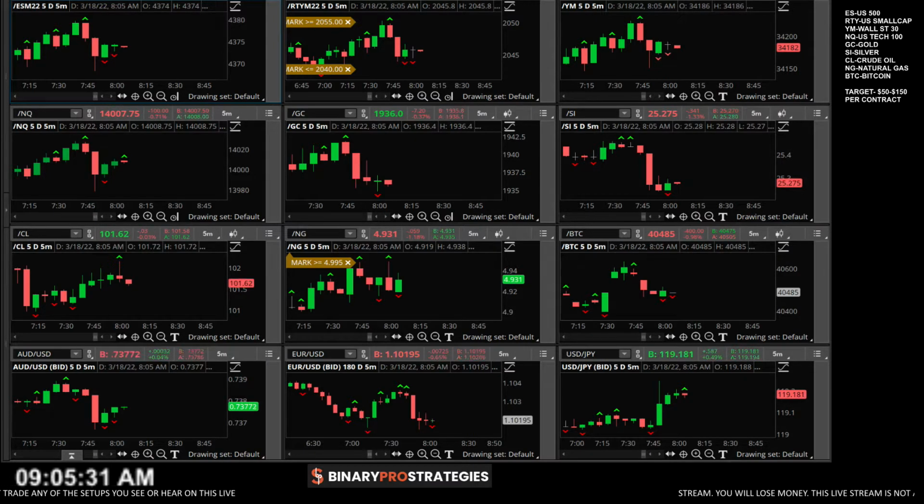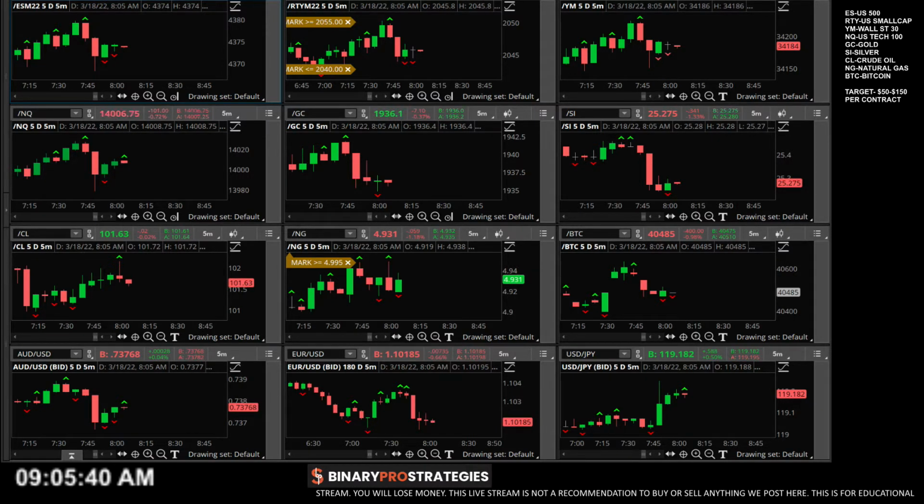And if I need to reverse, I'm going to go short at 48.45. That would be my reverse. If I don't hit target, I would reverse and take a short position.